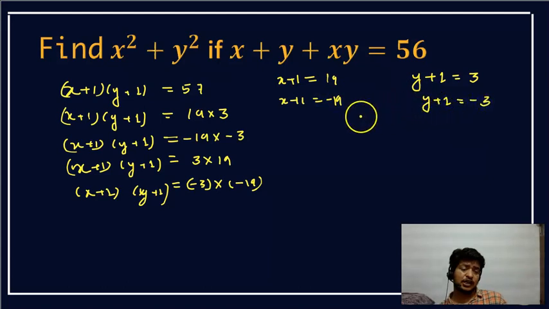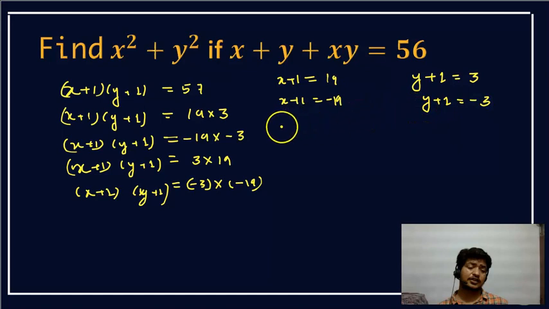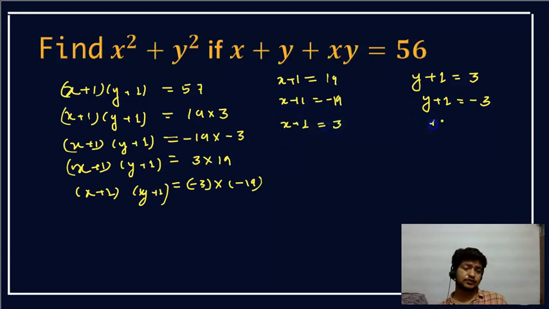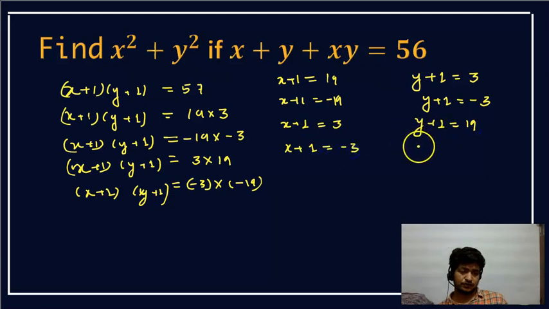So we have to take all the possible values coming from x plus 1 and y plus 1. Here you will get x plus 1 equal to 3, and y plus 1 equal to 19. Again at last you will write x plus 1 equal to minus 3, and y plus 1 equal to minus 19.